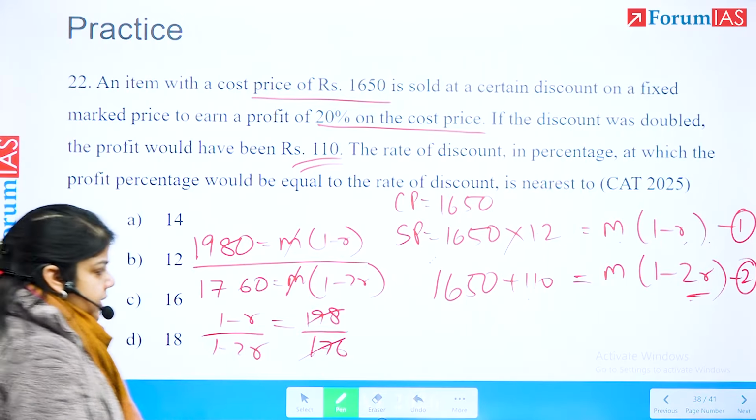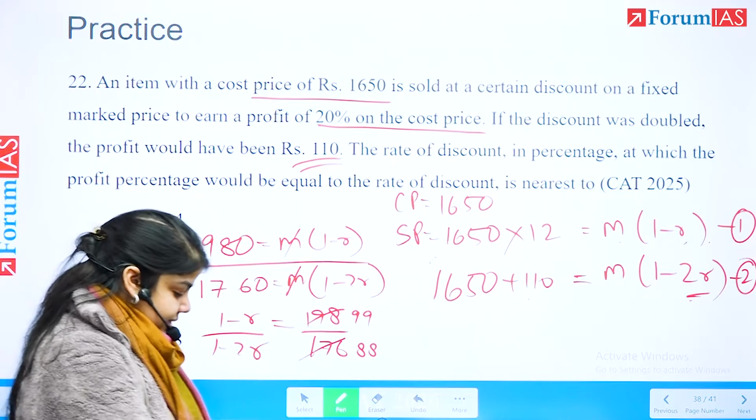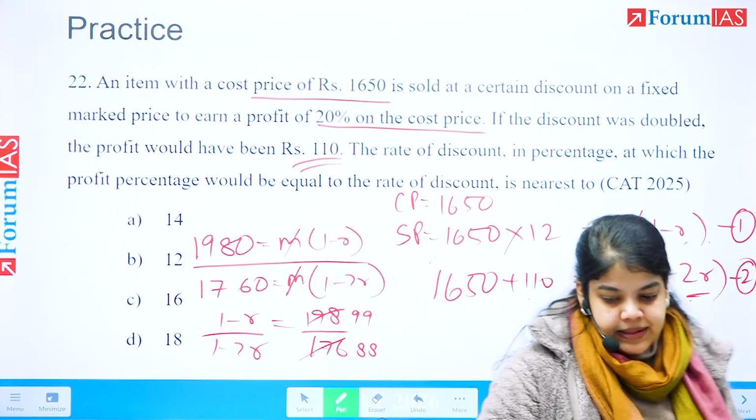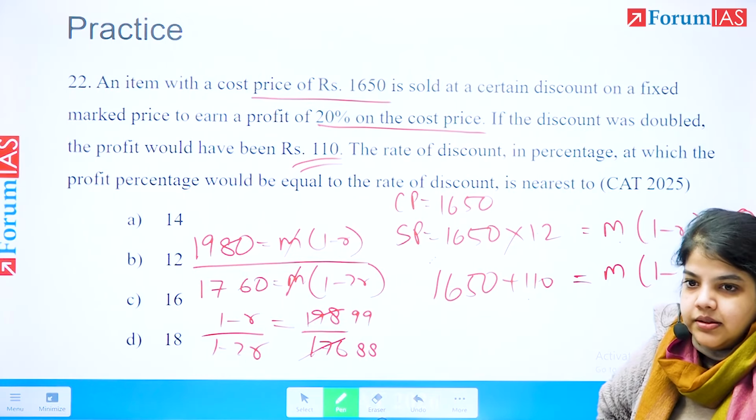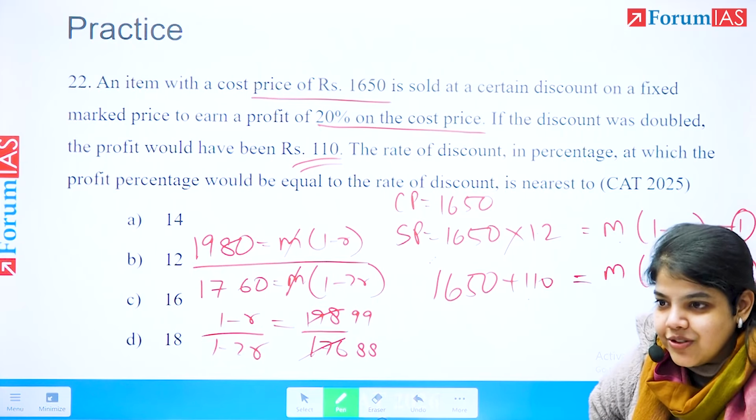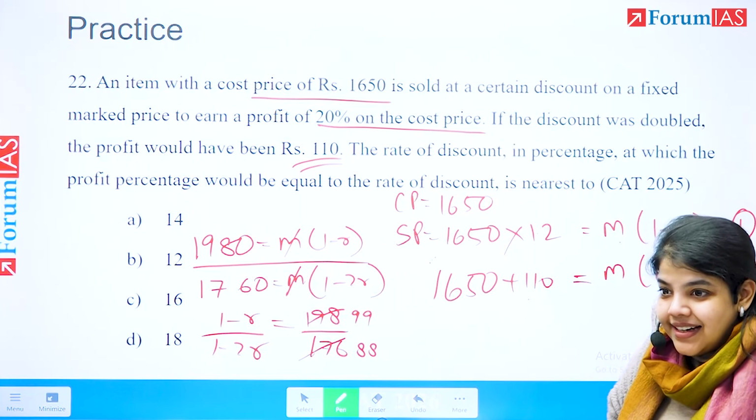Convenience. 99 divided by. Oh, so easy. बहुत सारा कम हो रहा है. यही करना है ना, यही हो रहा है. 9/8 आ रहा है.